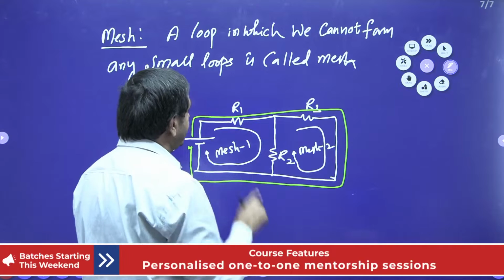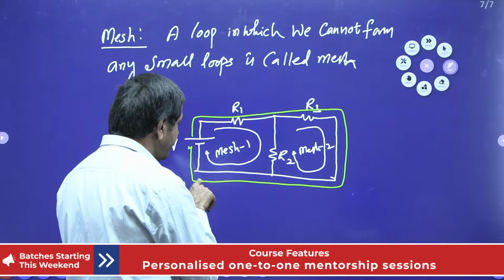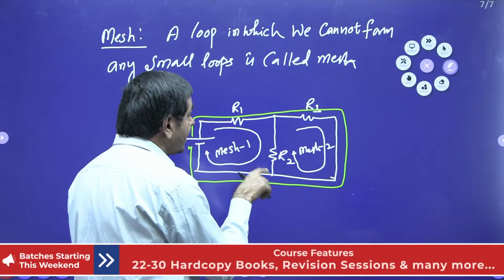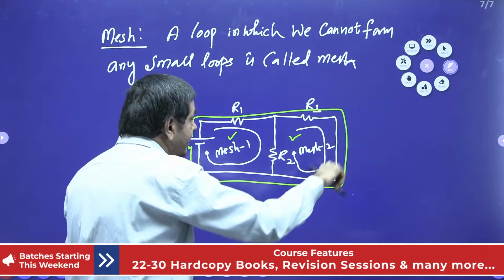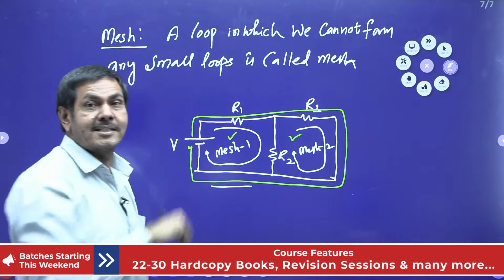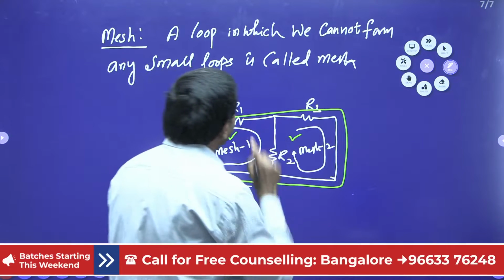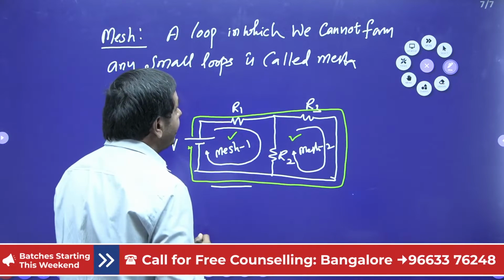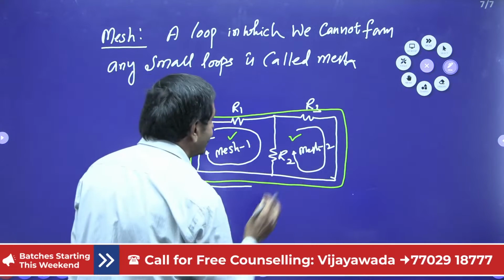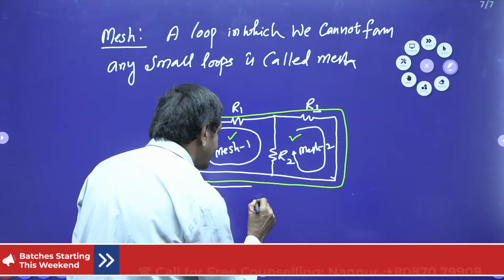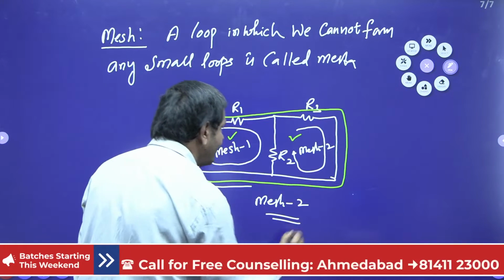A mesh should not contain any small loops, because internally this contains 2 more small loops. That's why it should not be considered a mesh. Finally, how many meshes are existing? Only 2. So the number of meshes is only 2.